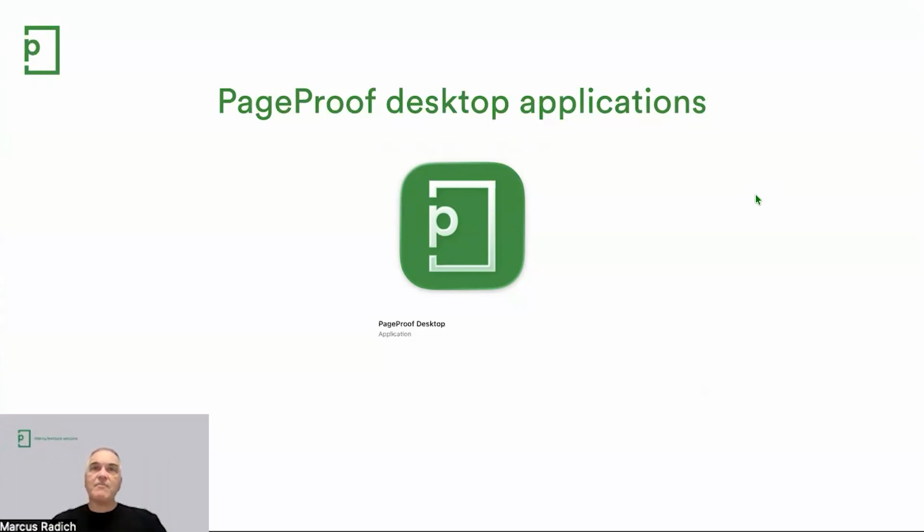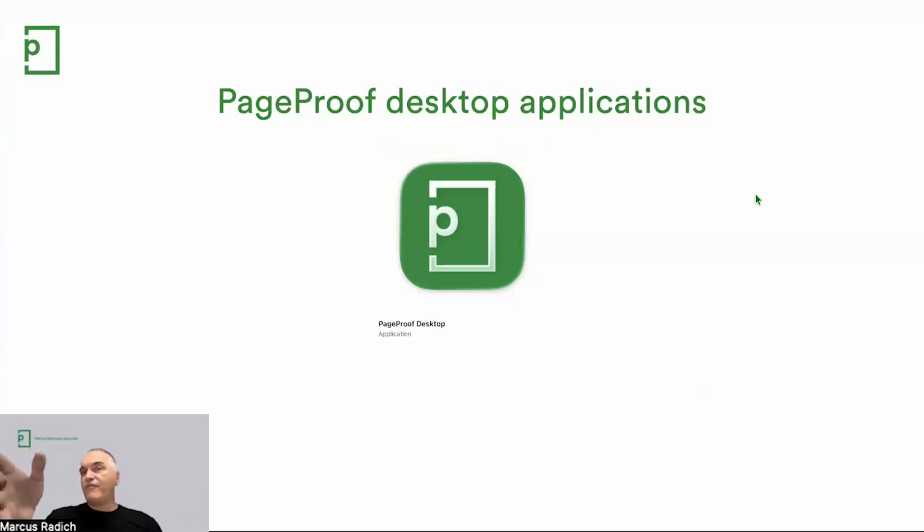This allows you to run PageProof in an app, and it gives you extra features from the operating system. So, for example, if you're running PageProof Desktop and you're sitting inside of something like iPhoto, and you want to send something out for proofing, you can literally from inside iPhoto go share to PageProof, and it will start the proofing process.